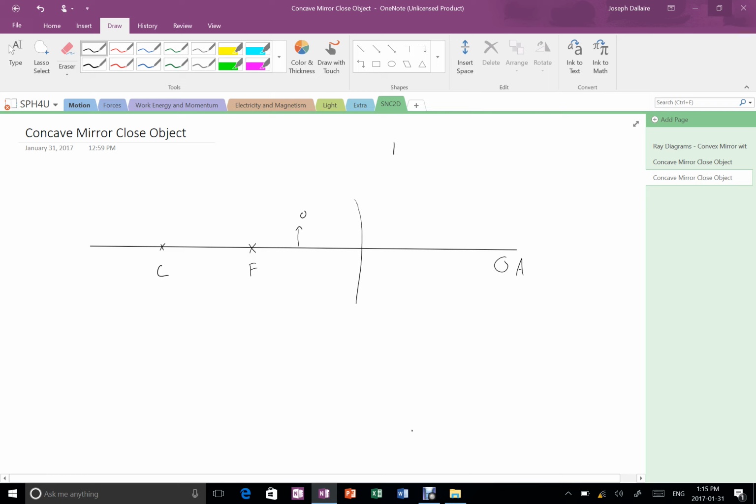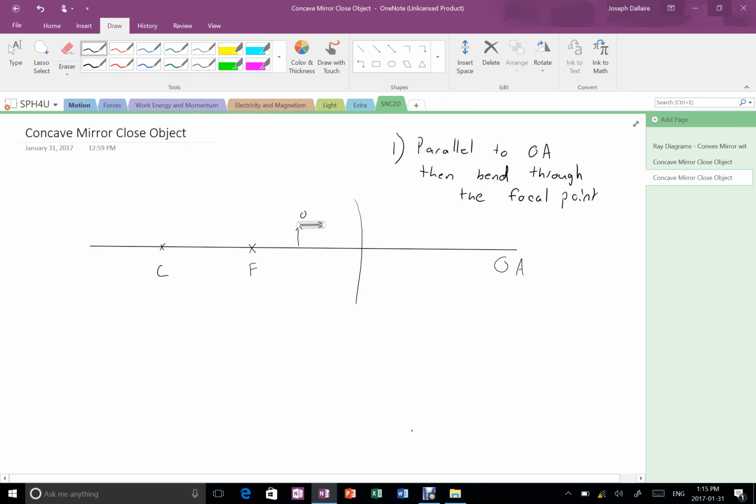So ray number 1 is going to go parallel to the optic axis, then bend through the focal point. It's a real focal point here, unlike our convex mirrors.